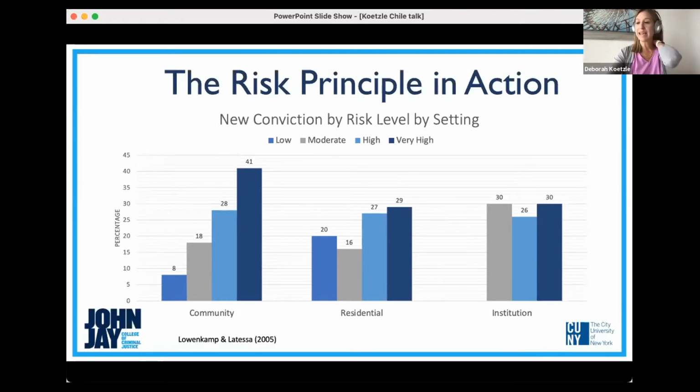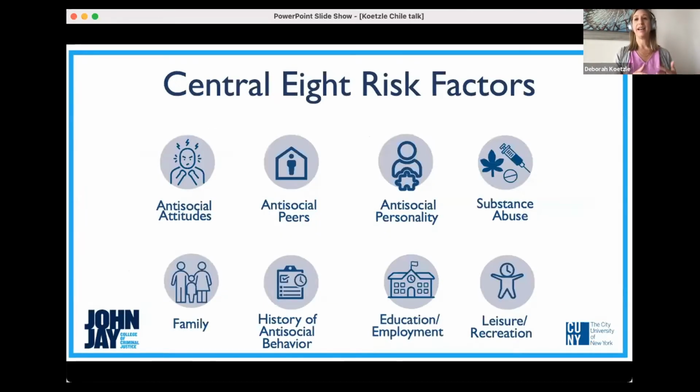So what this means then is that we need to have risk assessments. If we want to match the level of service to the level of risk, we need to know what someone's probability of reoffending is. And so there are a number of standardized risk assessments that have been developed and used throughout the US, Canada, and many, many other countries, including some in Latin America and the Caribbean.